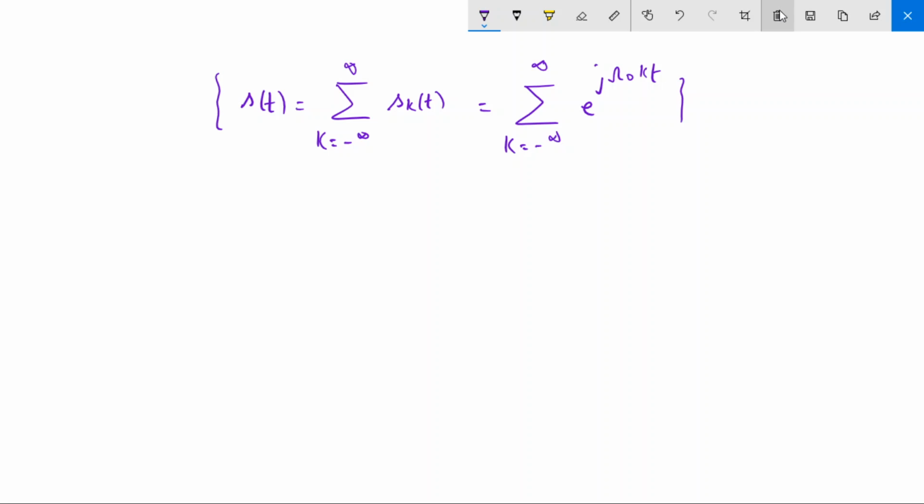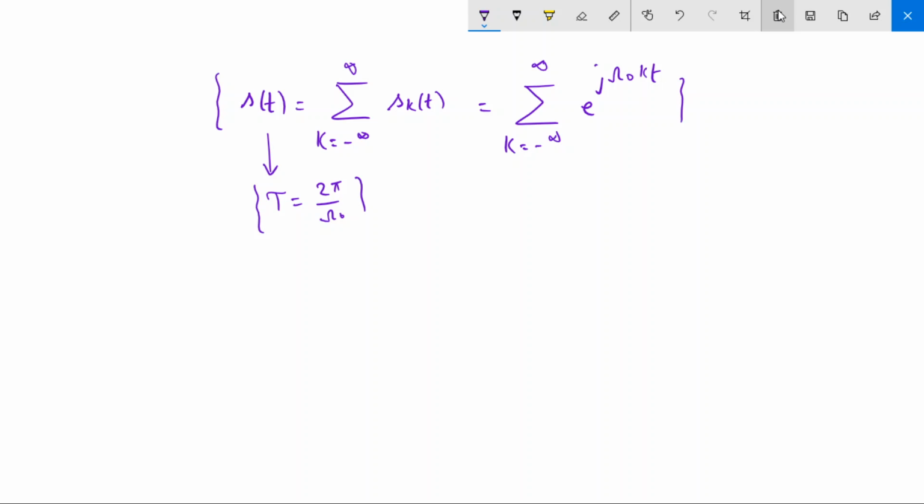So a linear combination of complex exponential harmonic signals is always periodic, and the time period of this signal will be 2 pi by omega naught.